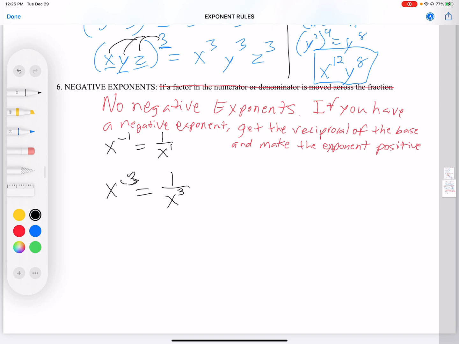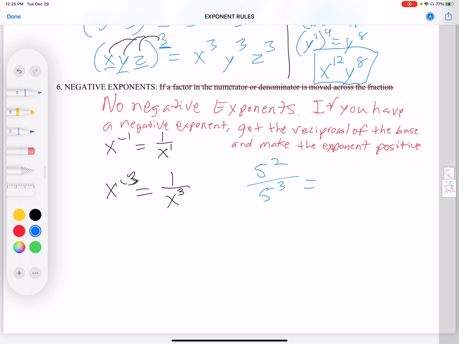Why does this work? Well, let's think about it. Let's go back to the quotient rule. Remember in the quotient rule, if I have the same bases, let's go with 5 squared over 5 to the third.